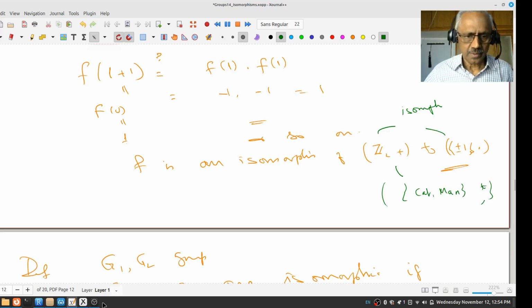So what I want you to appreciate is the following. Isomorphic groups meaning they are essentially in spirit, they are the same. There is no distinction, except the elements may look different, the binary operation may look different, but the way they behave algebraically, they are the same.